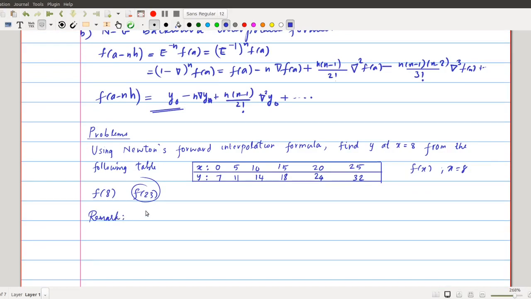Remark: if a plus nh is near the beginning, use forward interpolation formula.